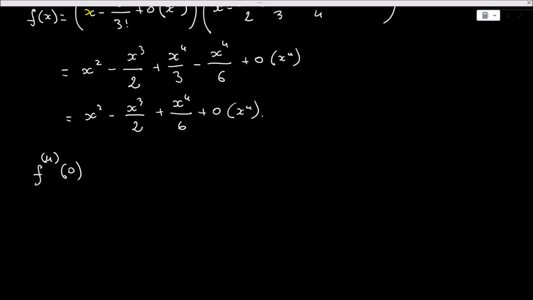Let's say that we want to find this. Well, what we know from the Taylor expansion centered at 0 is that the coefficient of the x to the 4 will be the fourth derivative evaluated at 0 divided by 4 factorial.